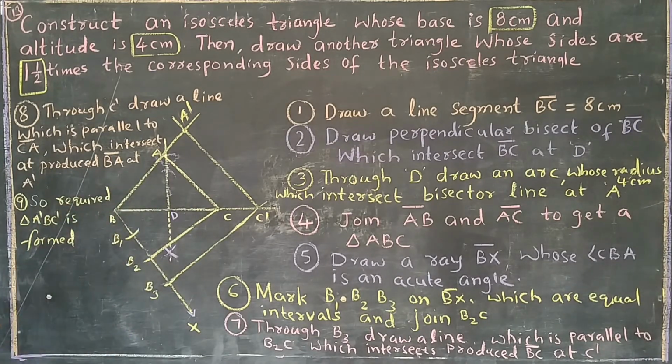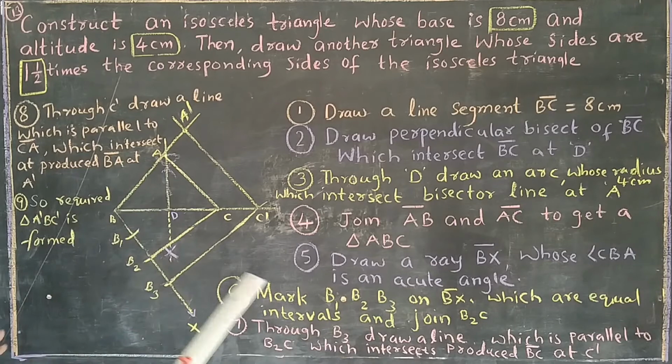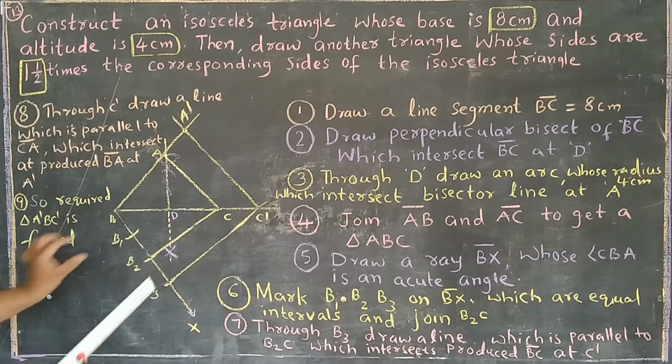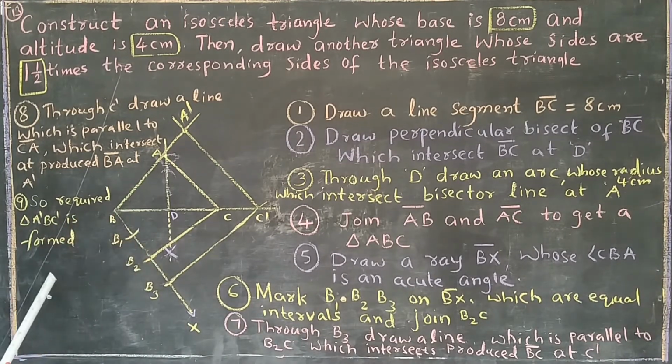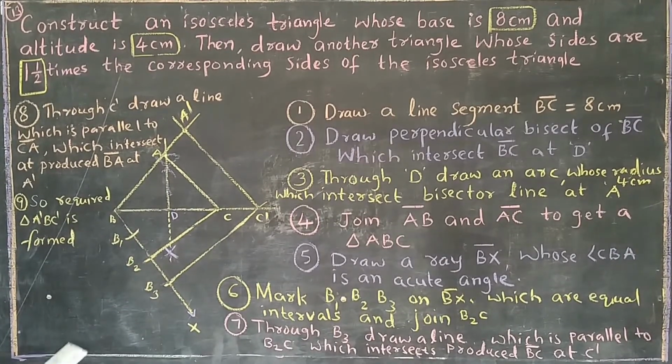Next onwards, we already know from the 11th and 12th question models. Draw a ray BX making an acute angle CBX. Mark B1, B2, B3 on BX at equal intervals, and join B2 to C, because the denominator is 2.